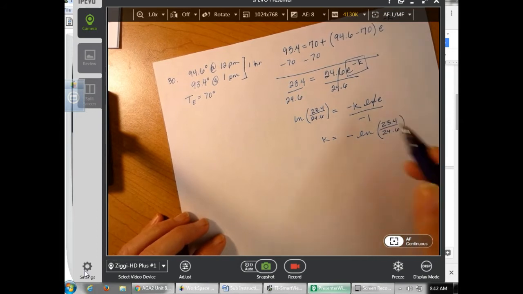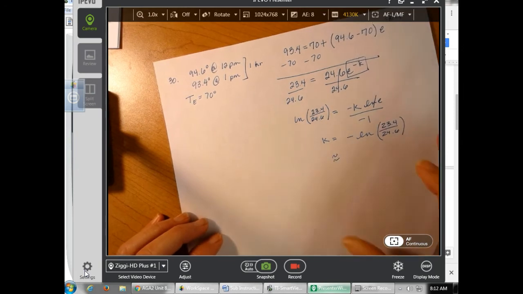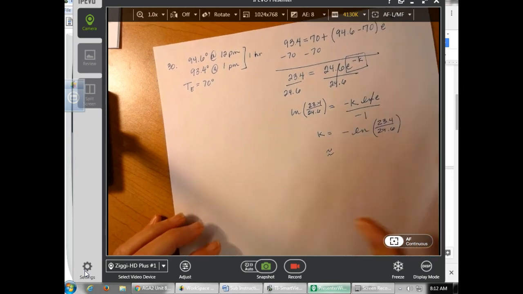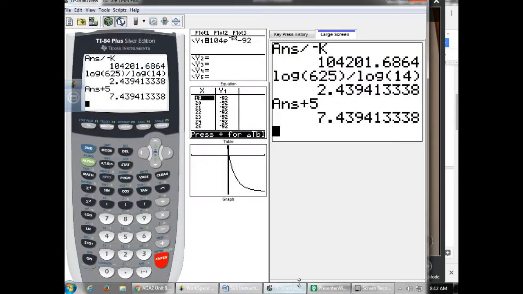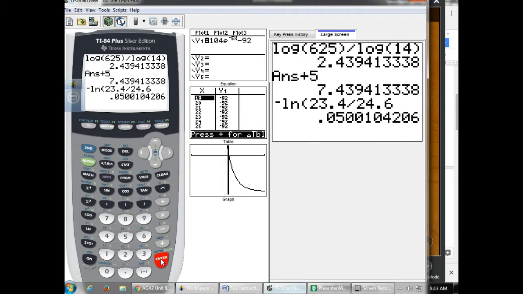That is exact. And when I plug that into the calculator, remember how we said we're going to store that. So let me go to the calculator. I'm going to do negative ln, and in parentheses, 23.4 divided by 24.6. I'm going to get that value, and I'm going to store it as my k.